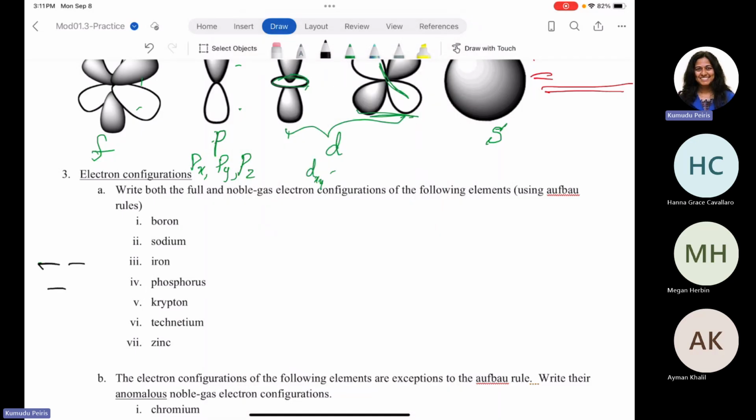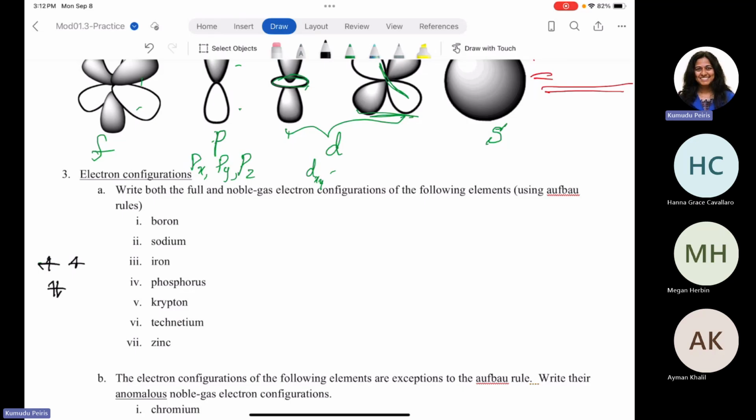Hund's rule says, if you have any 2 suborbitals at the same energy level, you should fill one electron on each at the equal level. And the Pauli exclusion principle tells you, if you are going to fill 2 electrons onto one orbital, then the spins of these electrons should be opposite. Those are the rules that you should follow.